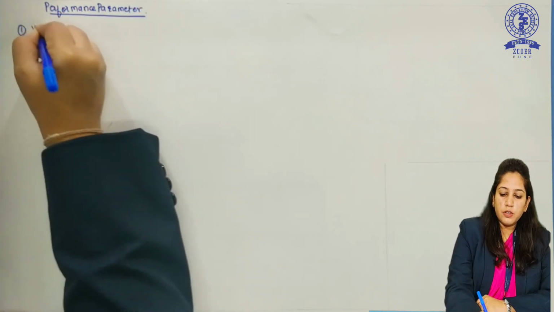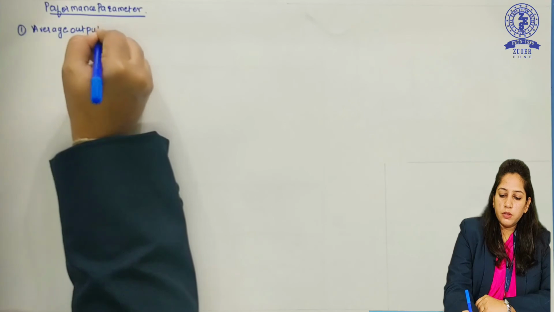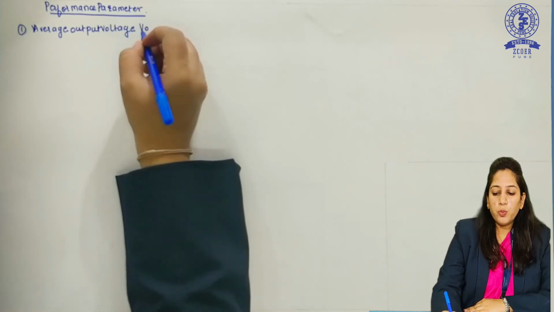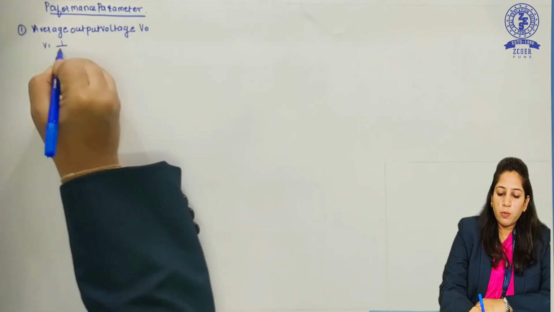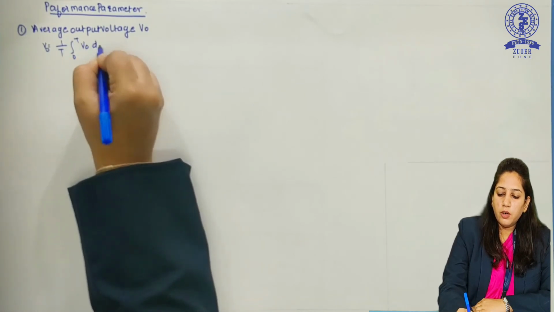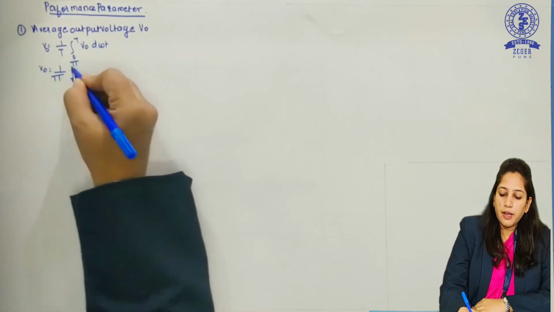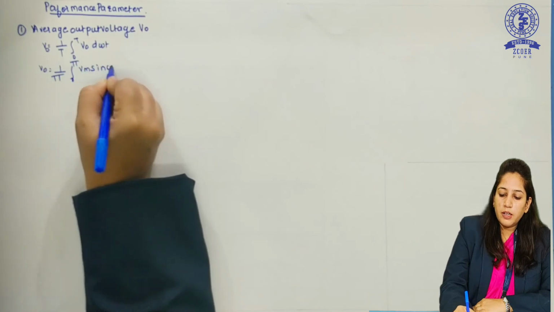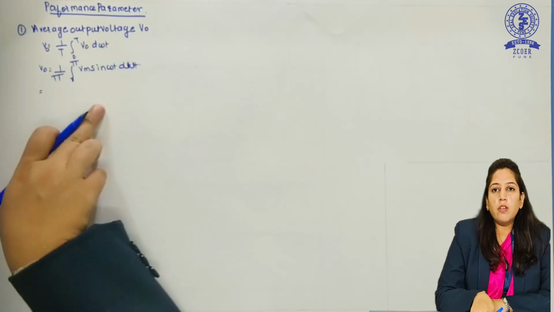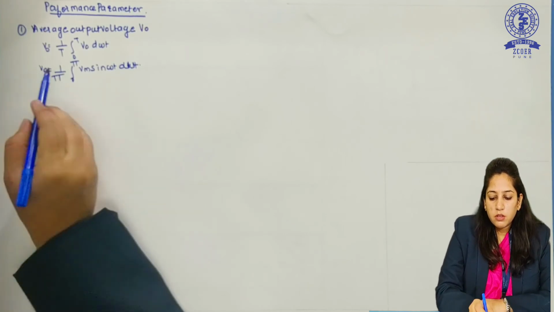So first is average output voltage V0. As we know, it is 1 upon T, 0 to T, V output d omega T. So output voltage will be 1 by pi from 0 to pi Vm sin omega T d omega T. I have already solved this equation for the center tap rectifier for R load, you may refer to that.